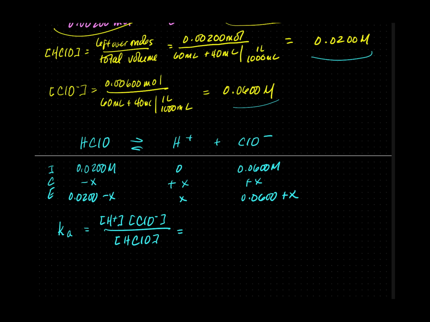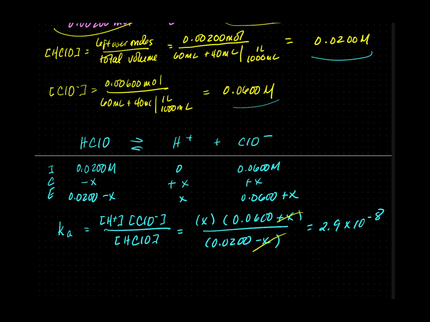Now I'm going to plug in. So X times 0.0600 plus X divided by 0.0200 minus X. The Ka was given as 2.9 times 10 to the negative 8. Since the Ka exponent is greater than 1,000th, we could eliminate X and assume the 5% rule.